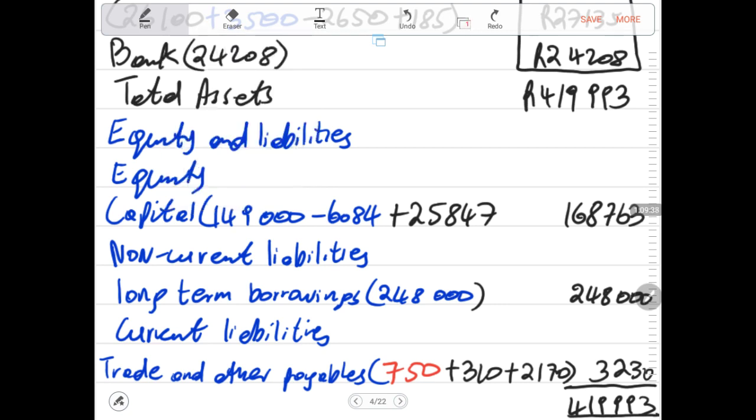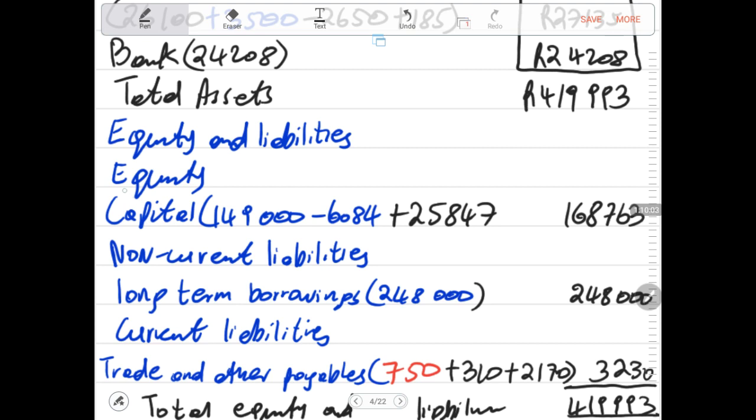You say because you're mastering what you're doing. Then after we have our total equity and liabilities. There is no space there. But our financial statements, they are balancing.